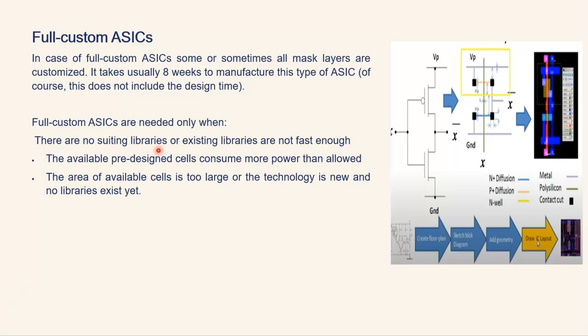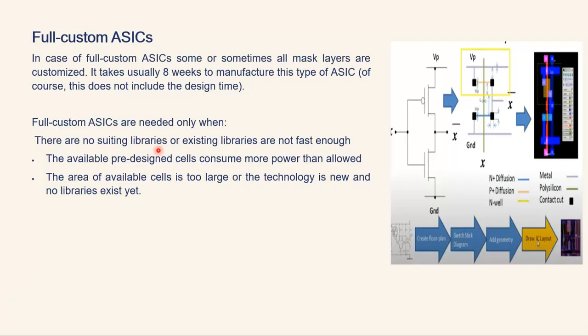You will integrate X, Y, Z and form one complete system. But if X is not available, Y is also not available and Z is also not available in the market, then what will you do? You will develop X on your own. You will develop block Y on your own. You will try to develop block Z on your own. So that is the need of full custom IC.